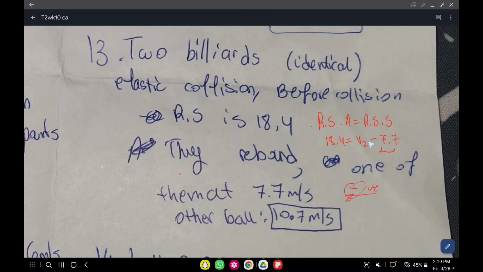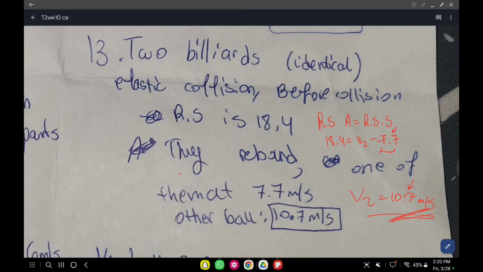This 7.7 was in the negative direction. So when you do V2 minus V1, it would be minus minus and become plus. And then you'd get V2 is equal to 10.7 meter per second. That's how you get the 10.7. The minus minus becomes plus. So you have to get it from the question.